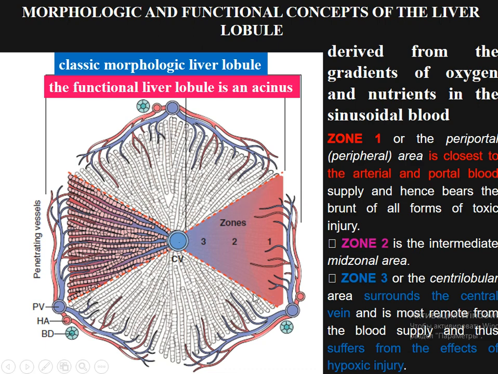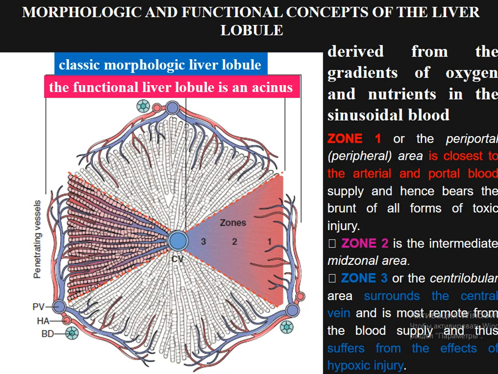and this triangle is derived from the gradients of oxygen and nutrients in the sinusoidal blood and divided into 3 zones. Zone 1, or the periportal peripheral area, is close to the arterial and portal blood supply and hence bears the brunt of all forms of toxic injury.